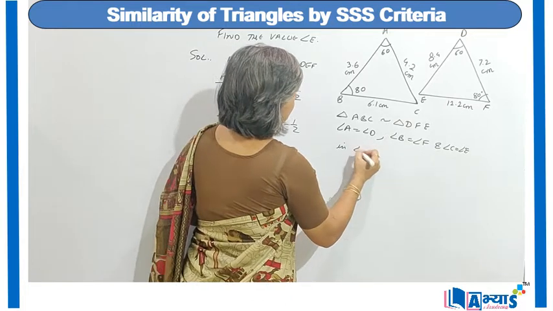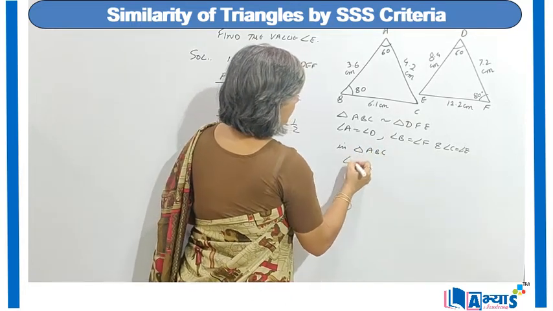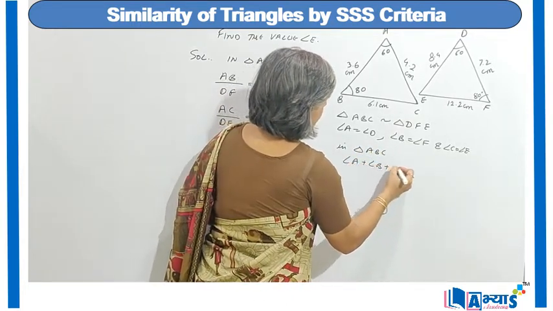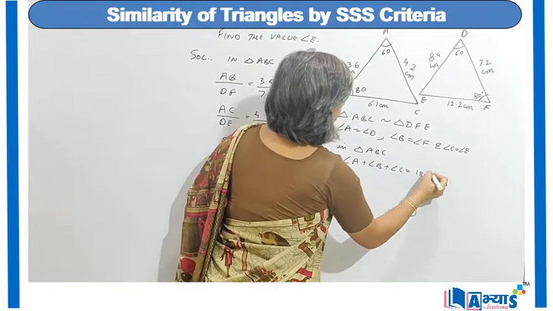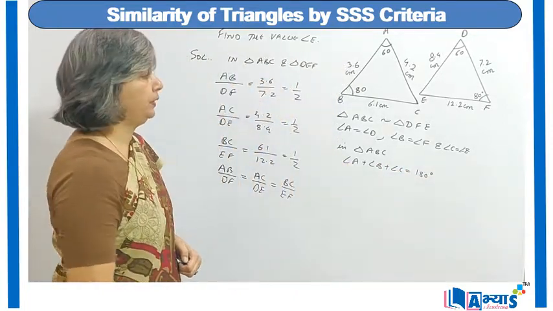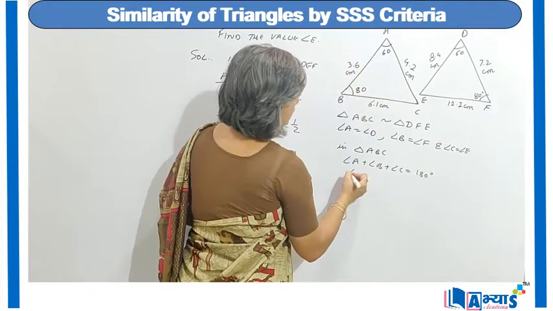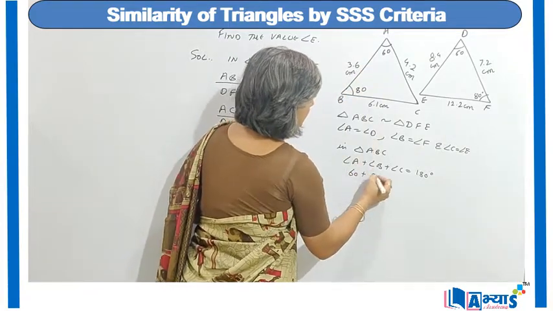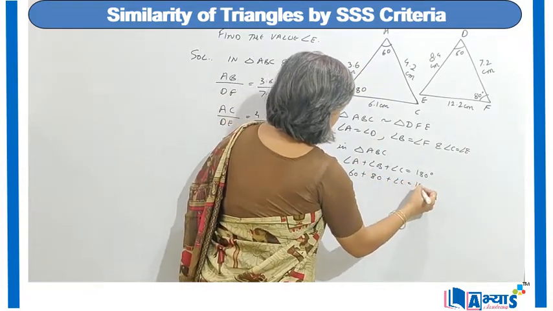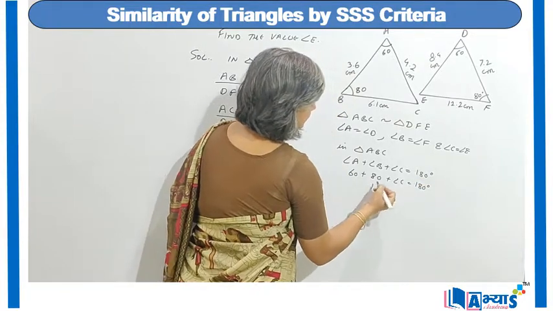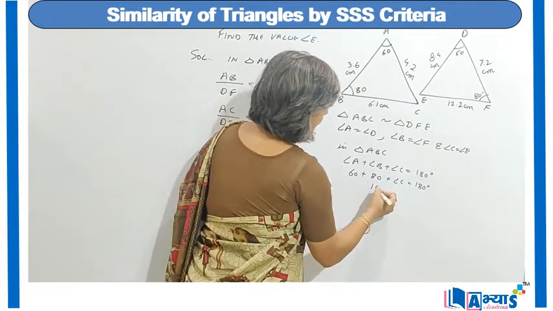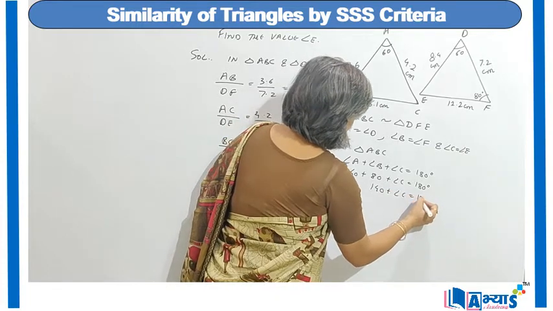Now in triangle ABC, angle A plus angle B plus angle C is equal to 180 degree. It is the angle sum property. We know angle A is 60 degree, angle B is 80 degree, so 140 plus angle C is equal to 180 degree.